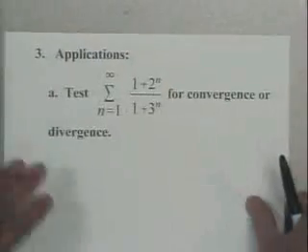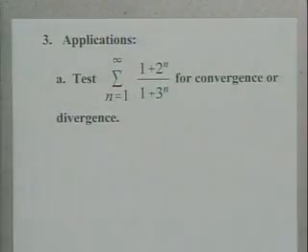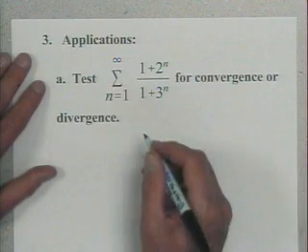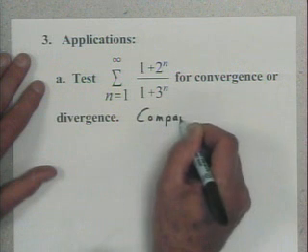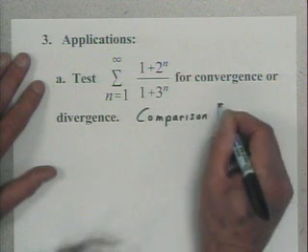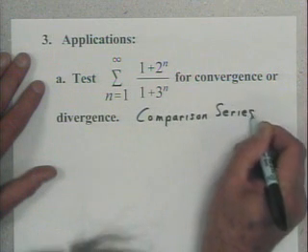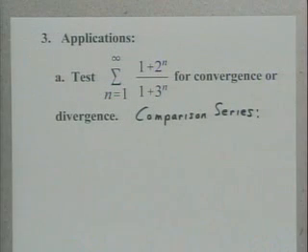Okay, we're going to try it on this one. We're going to test this series for convergence or divergence. Okay, but first we need a comparison series. What do you think we should pick?